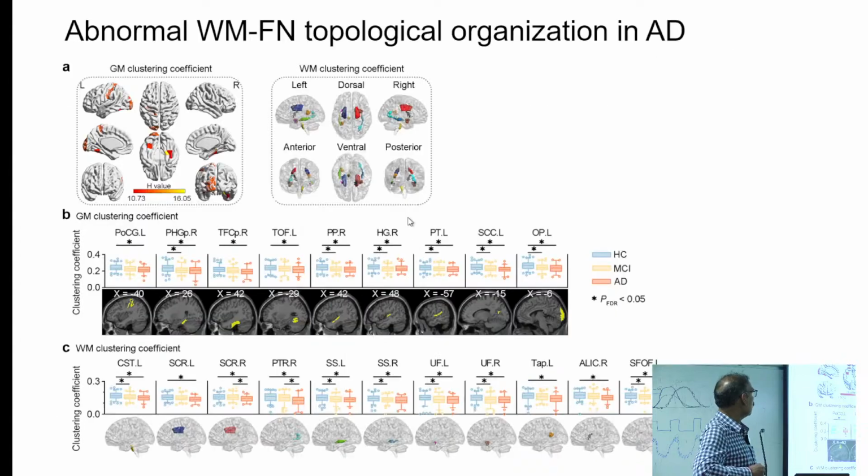This one is using clustering coefficient for different regions with gray matter, also using white matter. And again, the point is not to say that you should not use gray matter, but the point is to say that you should use gray matter because that's where most of the signal is, but also use the white matter because you're getting this signal for free.